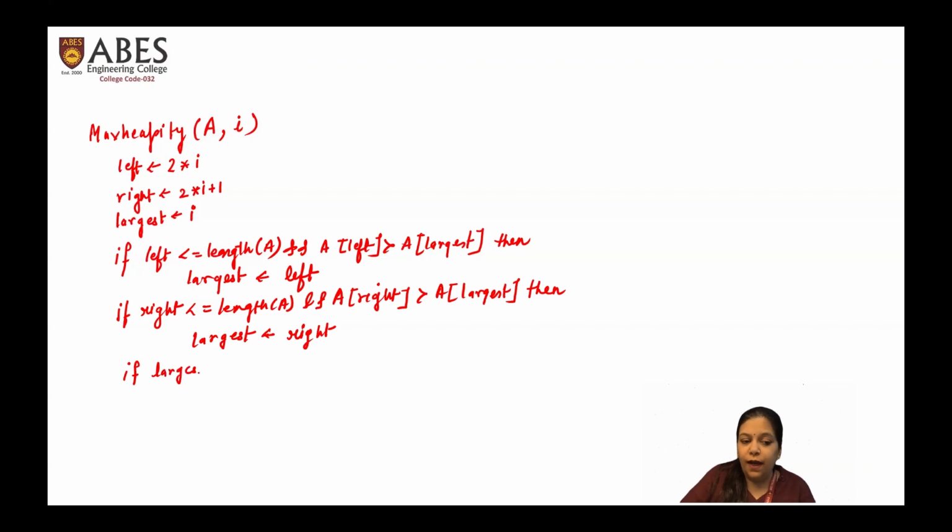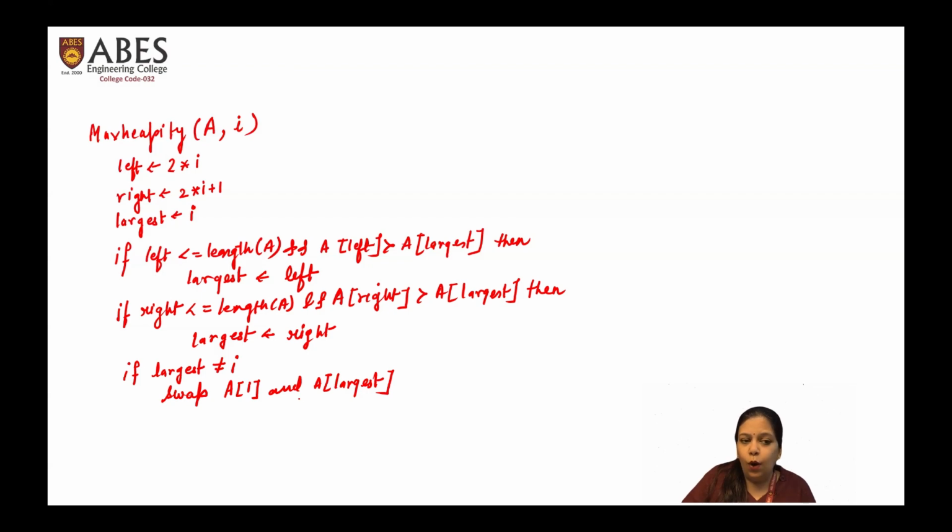So if the value of largest is no longer equal to I, then we can say that we have found another largest, whether it is a left child or the right child, right? So in this case, we have to swap A I and A largest.